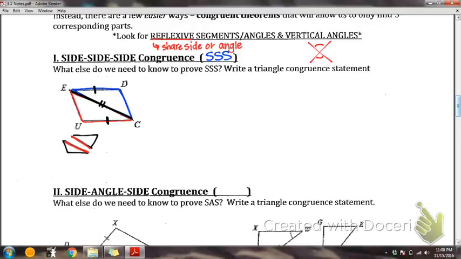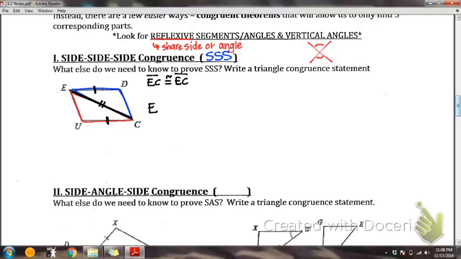Okay, so in order for me to know that this is side, side, side, I would have to know that EC is congruent to EC. That would give me a second side. Again, if I want all 3 sides to match up, then I would have to say the third side is congruent, but I can't mark it if I don't know it.